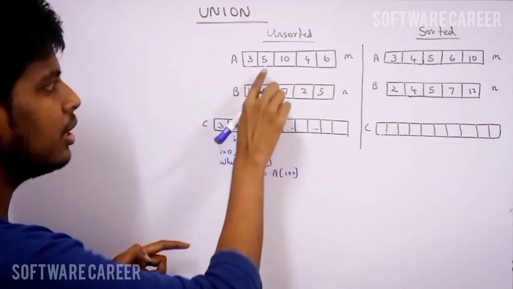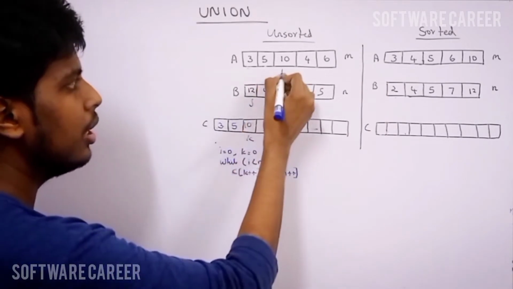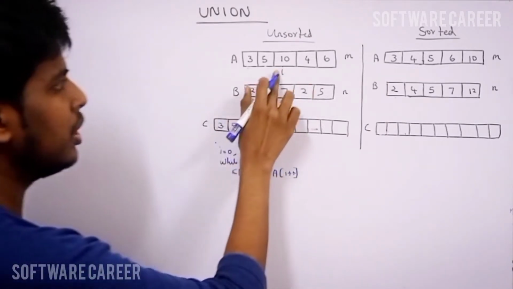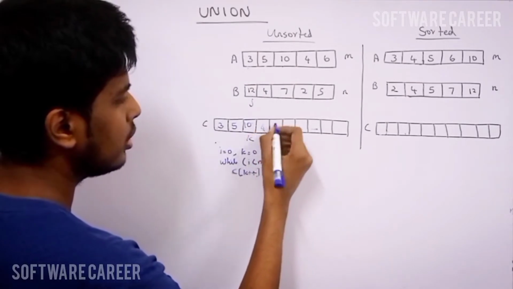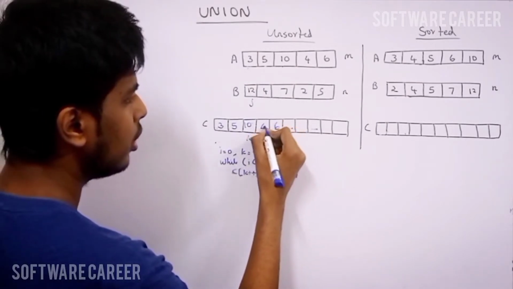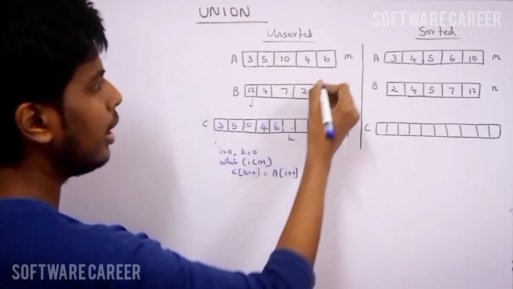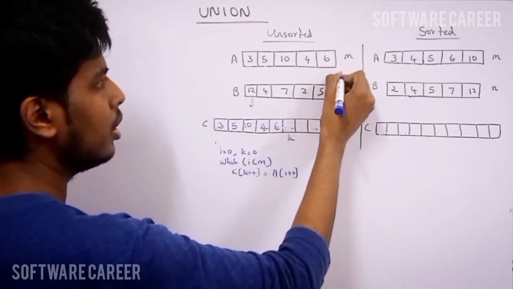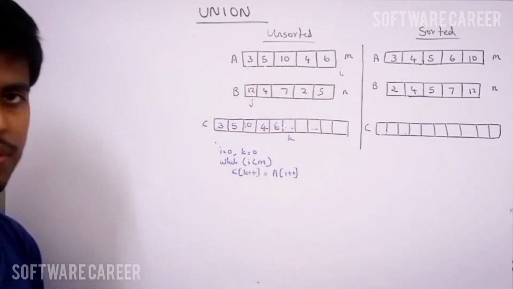Like this it copies all the elements, 10, 4, 6. Now K is over here and I is over here. Now it copied all the elements. This is the first step.